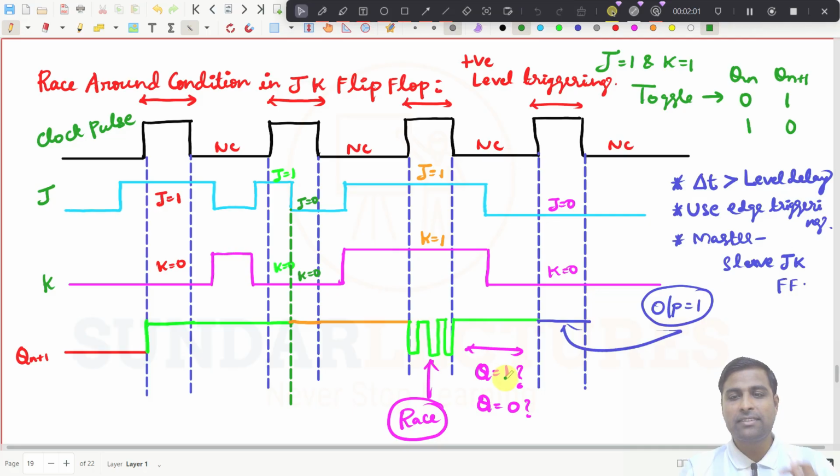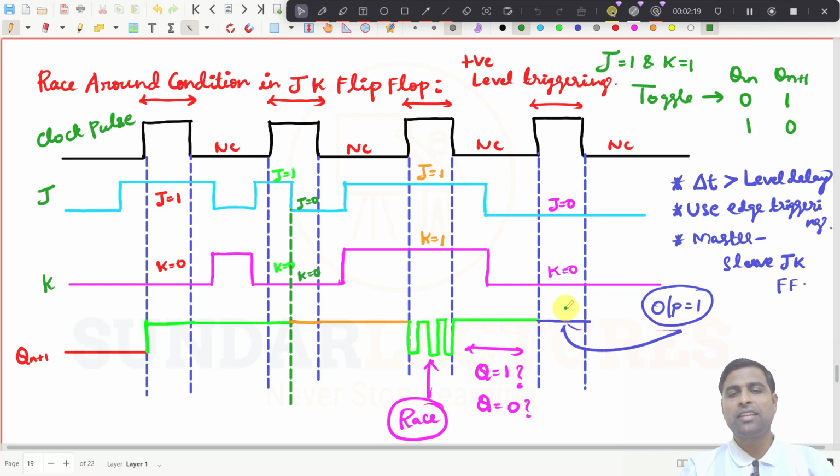It cannot be exactly 1 or 0; that depends on the flip-flop's behavior, or it may depend on the propagation delay of the flip-flop. So there is a race condition here, and we are also facing an uncertain Q at this point.